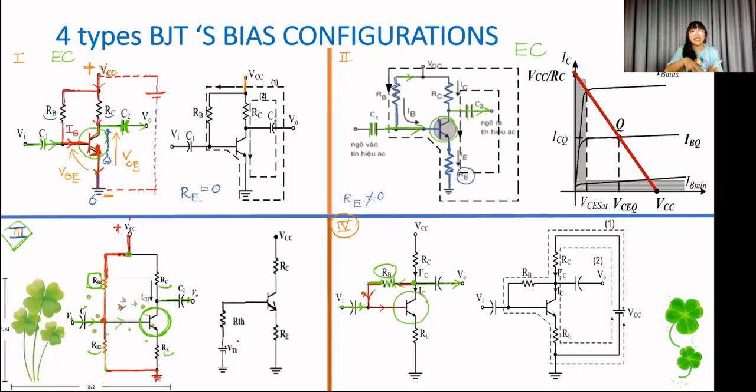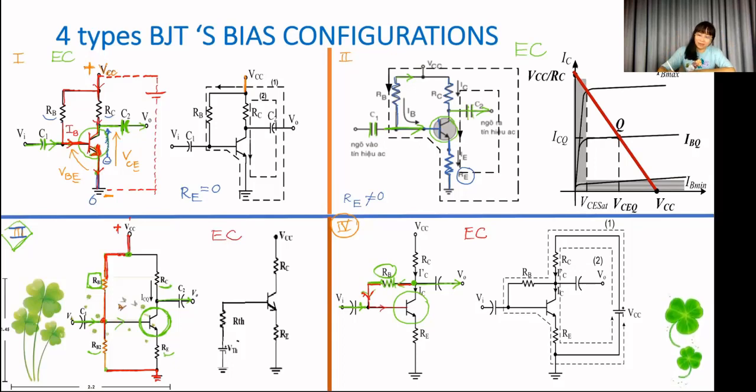Đây chính là this is the mind map for you, but the mind map this is in general, and every circuit here has the common emitter configuration. And in this configuration, you should remember the output volt ampere characteristic.